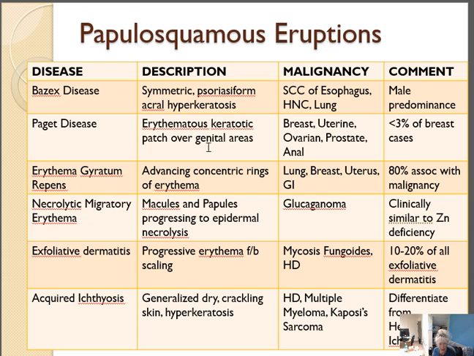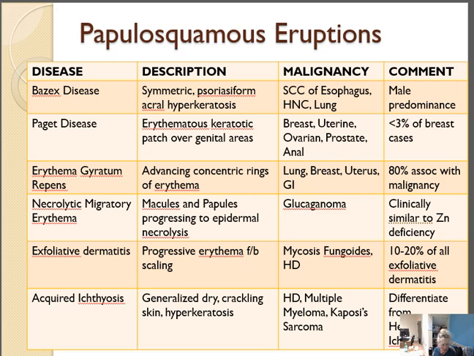So these are just some other papulosquamous eruptions that you'll see in different types of cancers. Paget's disease, you'll see an erythematous keratotic patch over the genital areas. Bazex disease, symmetrical psoriasiform acral hyperkeratosis.